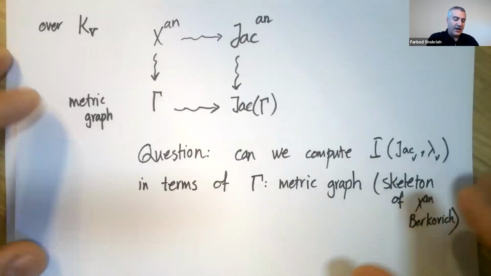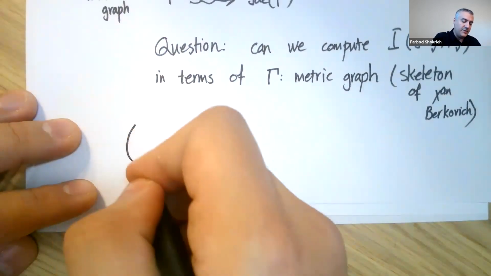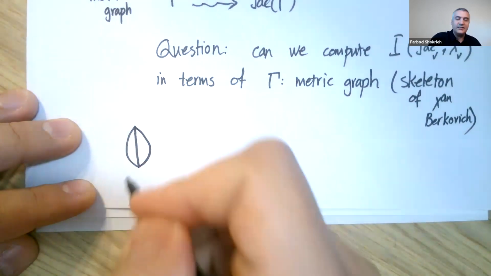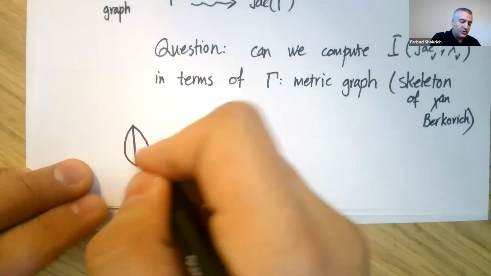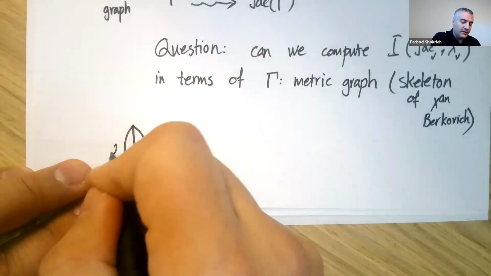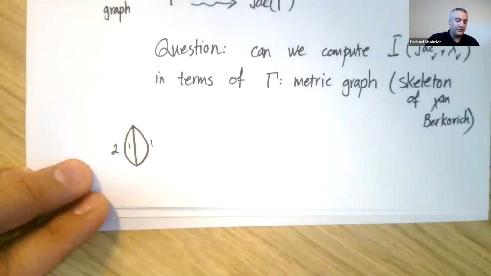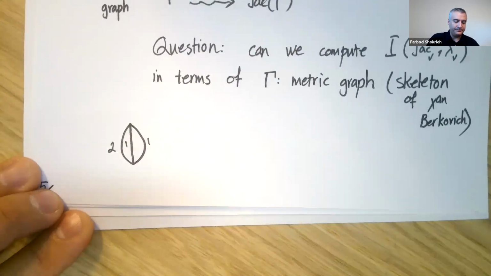So what is a metric graph? First of all, just an example. This is a metric graph. It's a geometric realization of a one-dimensional simplicial complex, but every point is accessible to me. And then there is an inner metric that I can encode with some numbers on these edges. So it's like a weighted graph, where edges come with a number attached to them.